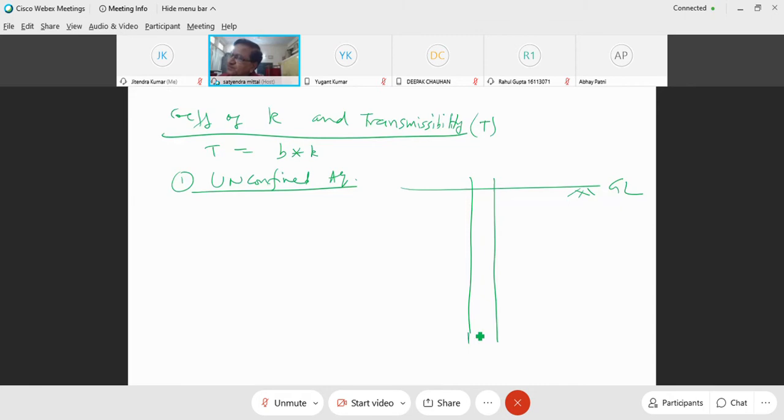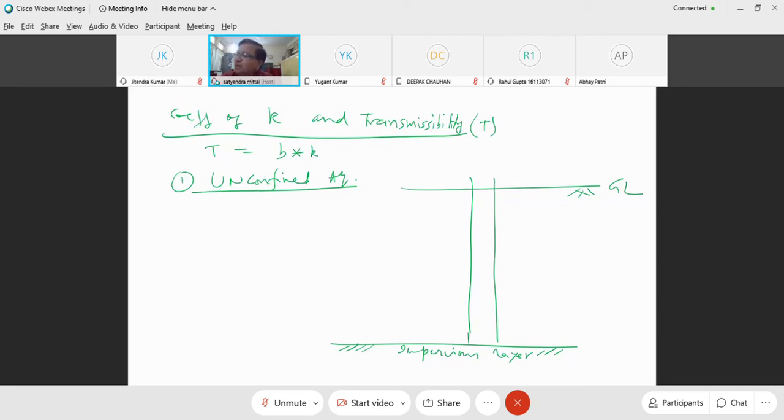It is a well, and this is the impervious layer. As the terminology is self-explanatory, it is impervious. You can say in geotechnical terms that it is clay soil.